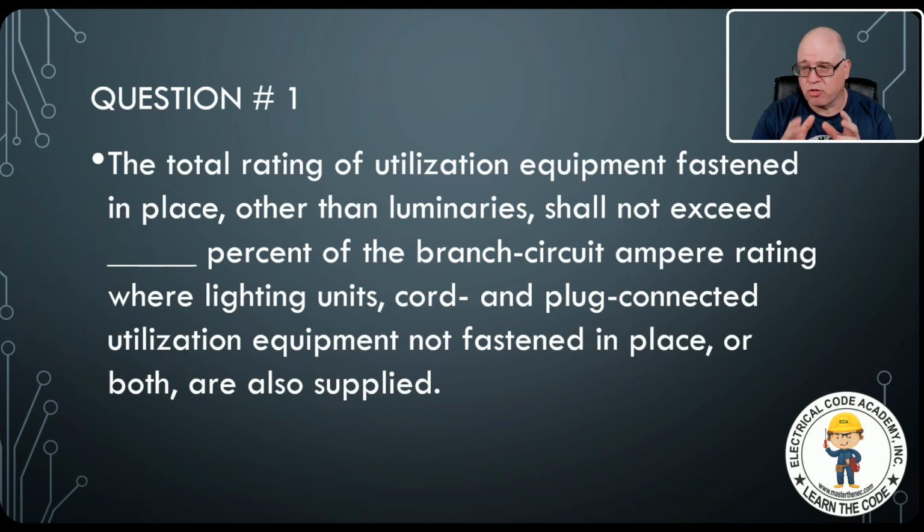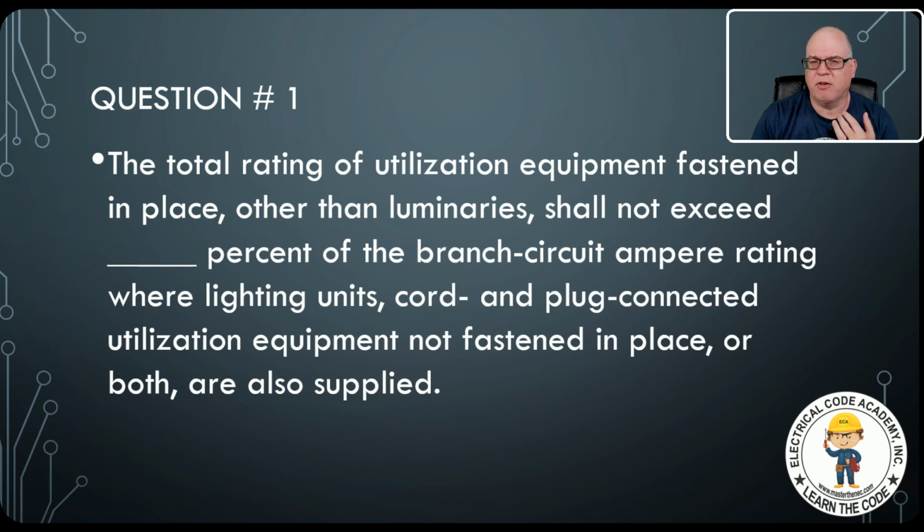This is a branch circuit rule that's going to limit the size or the amp output or amp rating of utilization equipment that's fastened in place if it's sharing the branch circuit with these other things, okay? So we want to look up the definition of utilization equipment so that we fully understand it. It's probably going to encompass most of the appliances that we have.